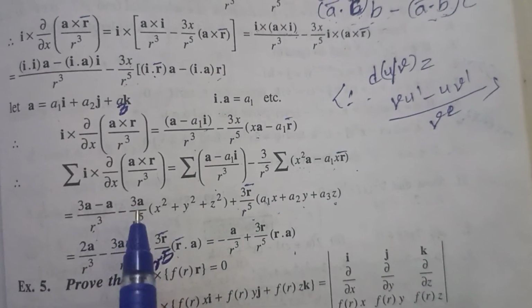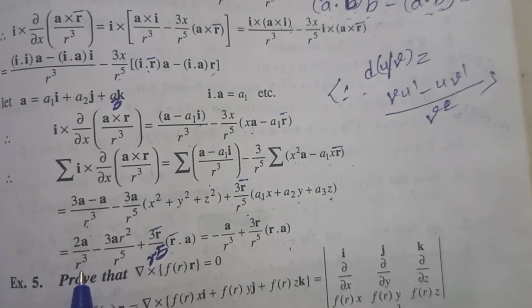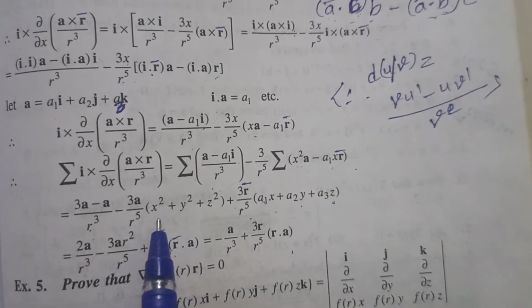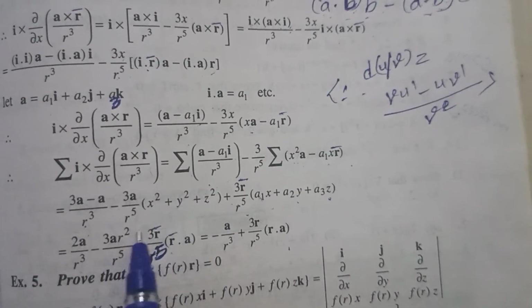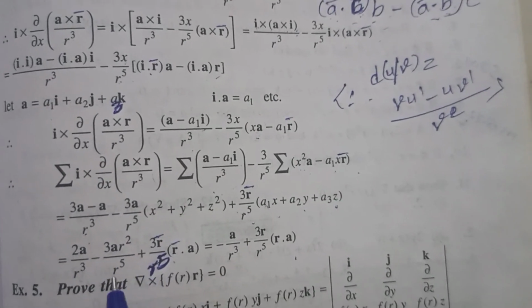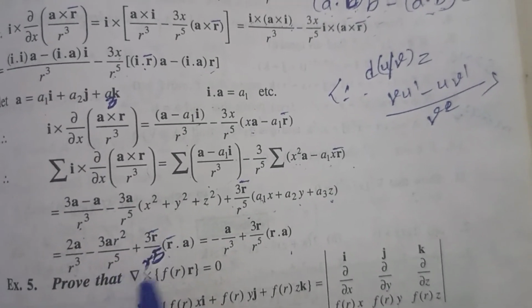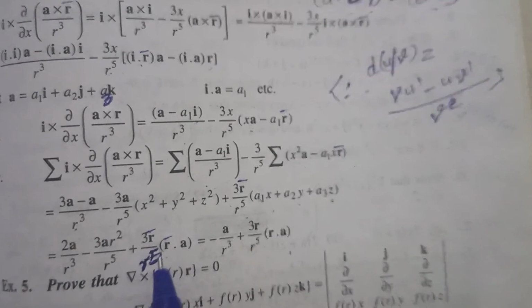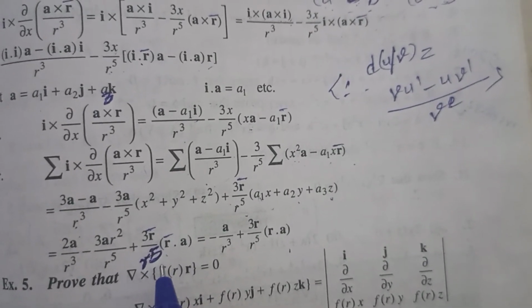Here 3A minus A is 2A. So here x² plus y² plus z² means r². I already showed you how we will get this thing. Plus 3r̄ by r⁵.